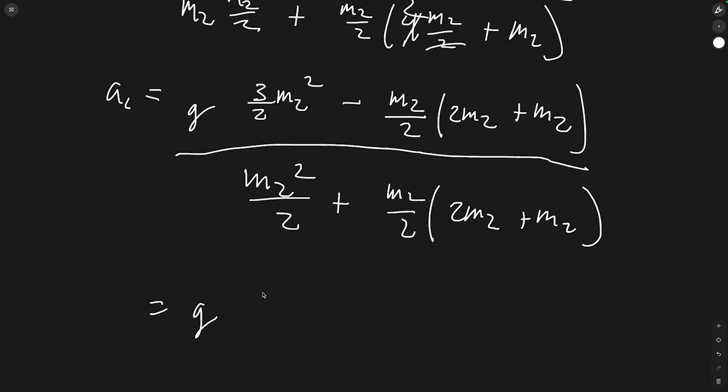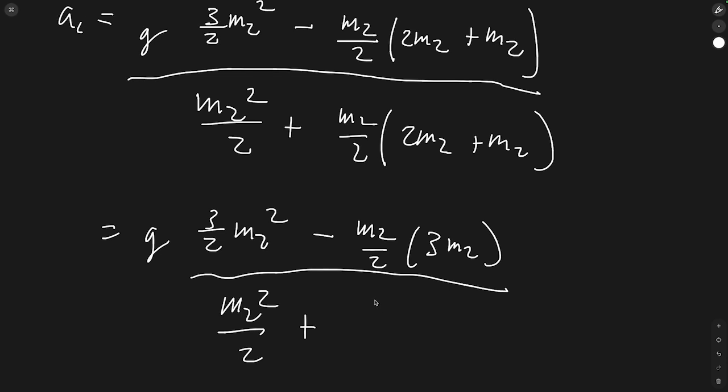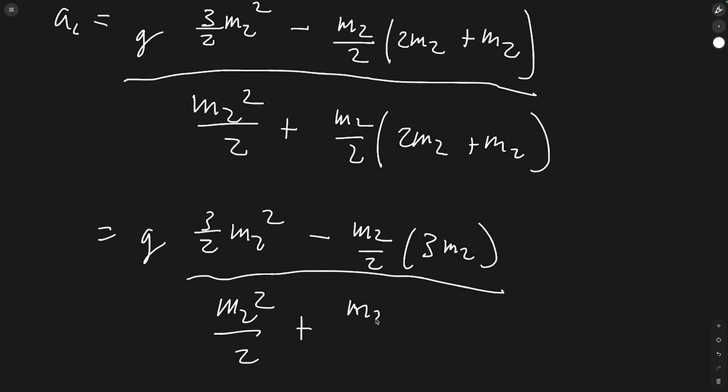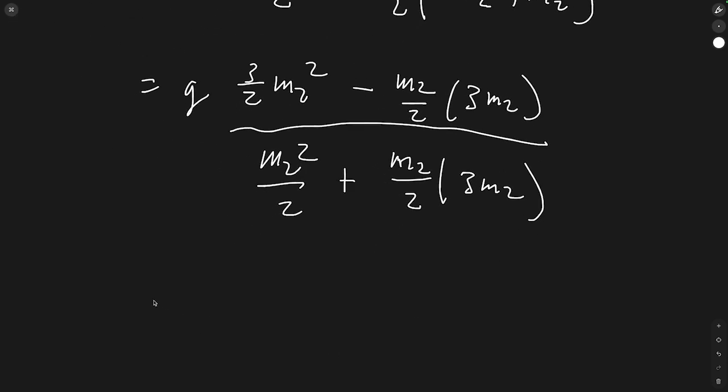Now this is still 3 halves m2 squared minus m2 over 2, and this makes 3 m2, over m2 squared over 2 plus this is m2 squared over 2, and this is also 3 m2.